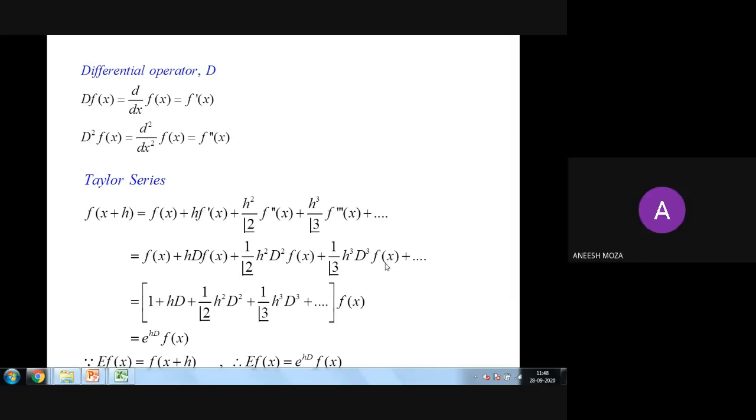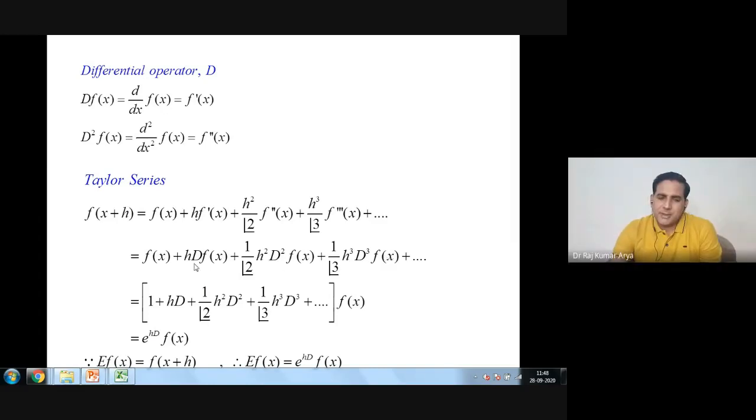After that, we take f(x) common from all these terms, so you are getting 1 plus hD plus 1 by factorial 2 h square D square, plus 1 by factorial 3 h cube D cube.